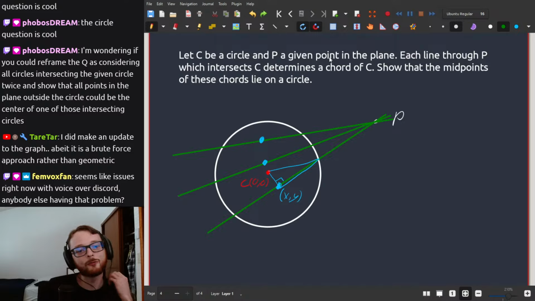Yeah, I mean, you'd have to also prove the part about the circle going through the midpoint of certain chords. But that's an interesting thought.